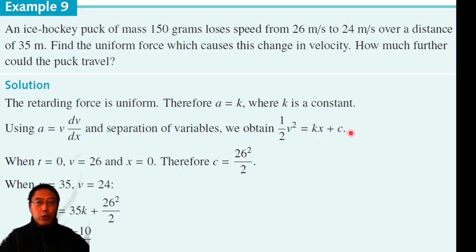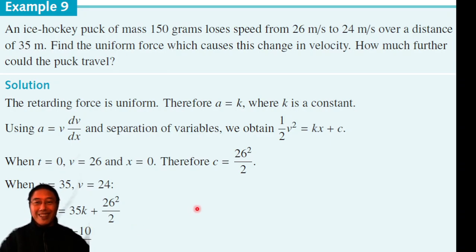So we have two unknowns. We do know at t equals 0, v equals 26, which gives us the constant amount. And then with the next situation, 35 meters later, the velocity now is a lesser amount, which is 24 meters per second, which we use here. We substitute here and that gives us the k amount, which is negative, which is great.